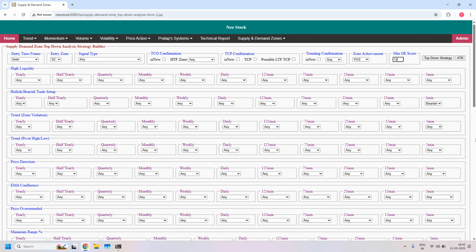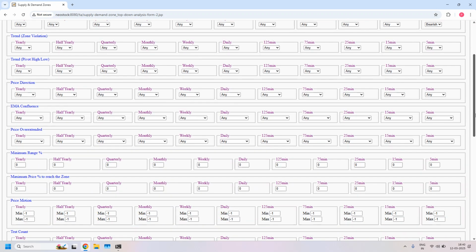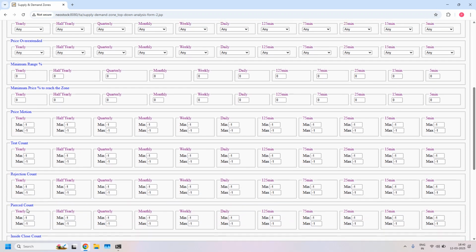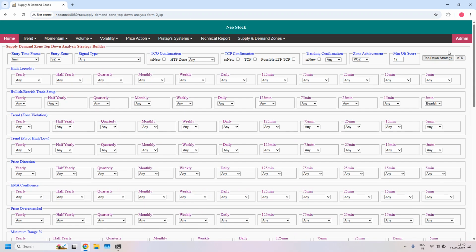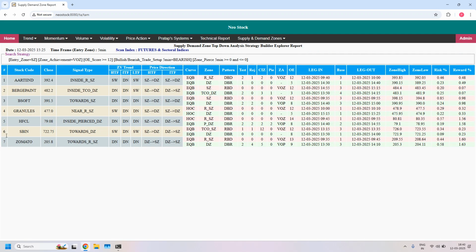And this 5 minute supply zone should not be pierced. So in the pierced count at 5 minutes time frame, I am setting minimum value 0, maximum value 0 with these filters. We got 7 stocks. So these 7 stocks are currently supporting bearish trade setup for hourly income trade.